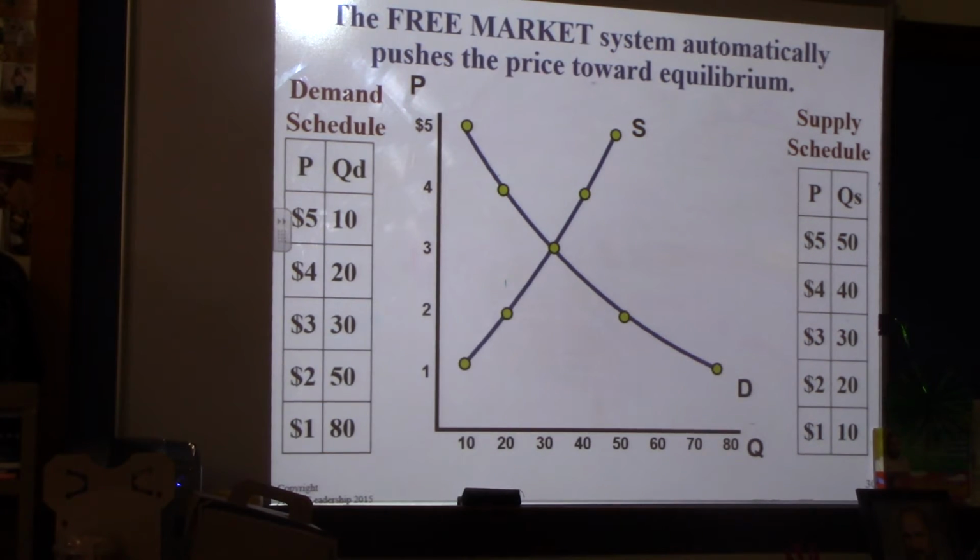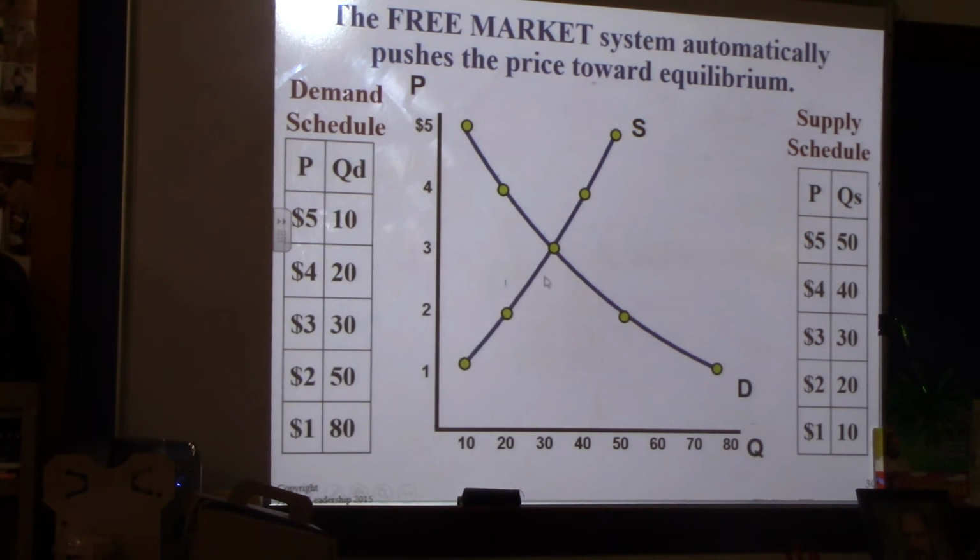The free market is going to automatically push the price towards equilibrium. How does it push the price towards equilibrium if we're in a surplus? What are the stores going to do? They're going to start making less of it, holding back production, or they could put it on sale. From $4, they could put it on sale to $3 and move back down to equilibrium.